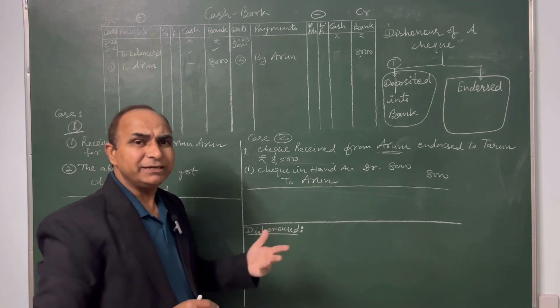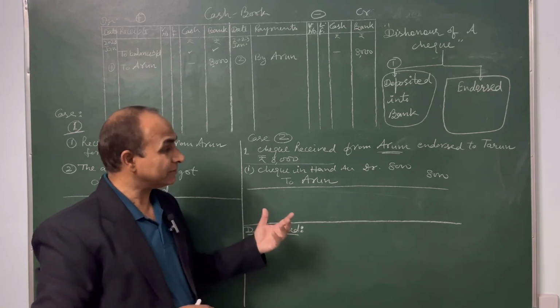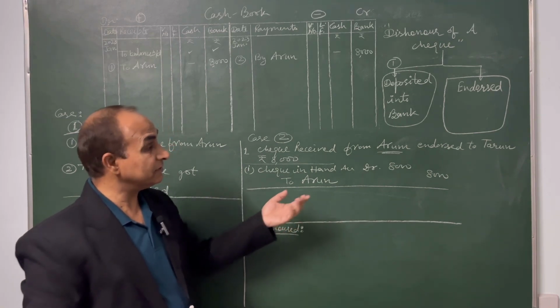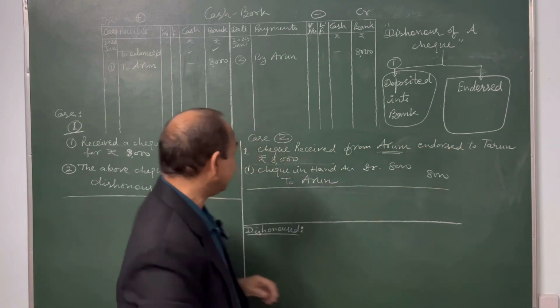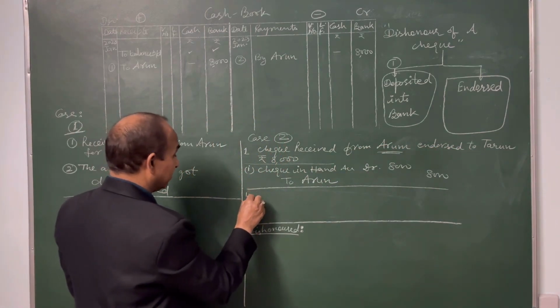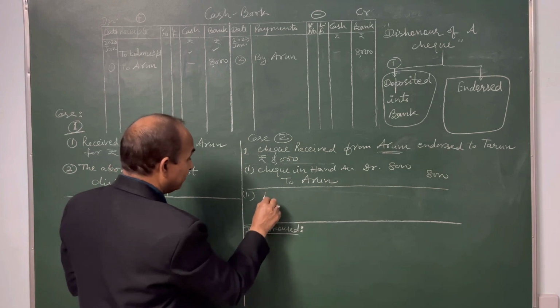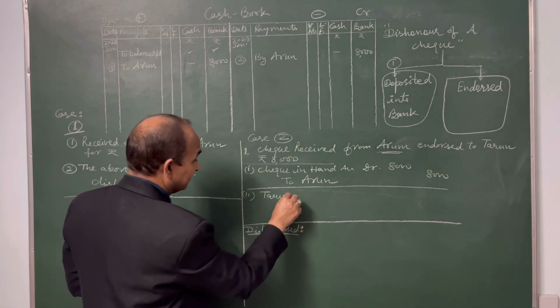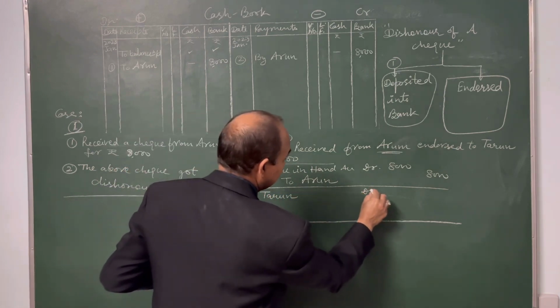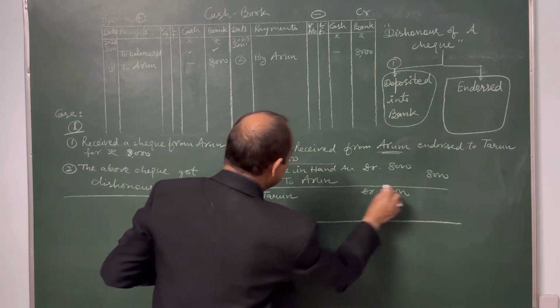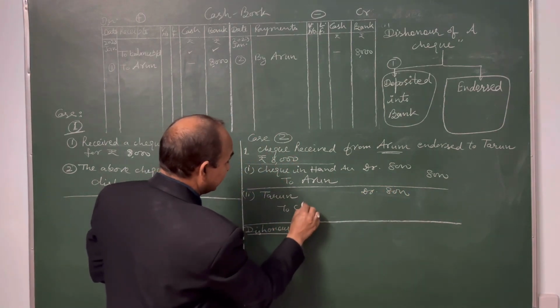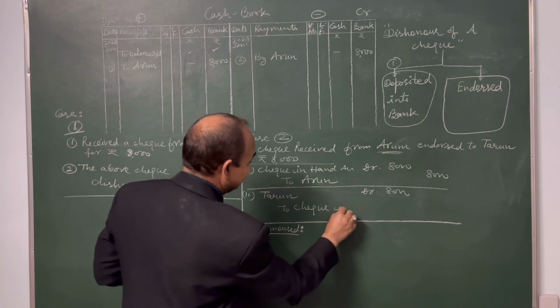Then immediately or after some time, the check was endorsed in favor of Tarun. Second entry, that is for endorsement, will be Tarun debit, debit the receiver, Tarun debit 8,000 rupees to check in hand account.